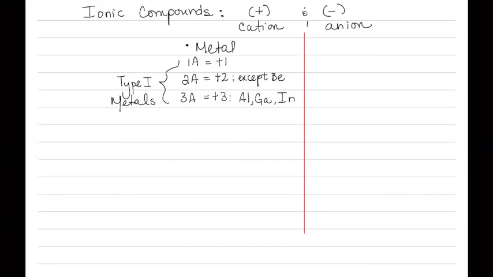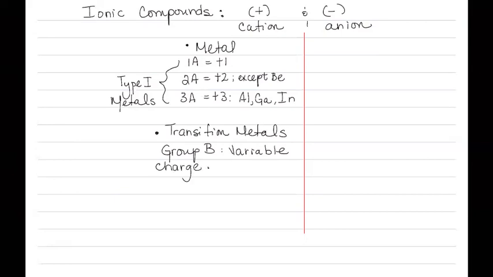Now, we can also have transition metals. What is the group number that defines a transition metal? Where do they live in the periodic table? Let's put it in the chat. What is the group number that defines transition metals? Thank you, Vanessa. Group B. Now, when it comes to transition metals, understand that they have variable charge.